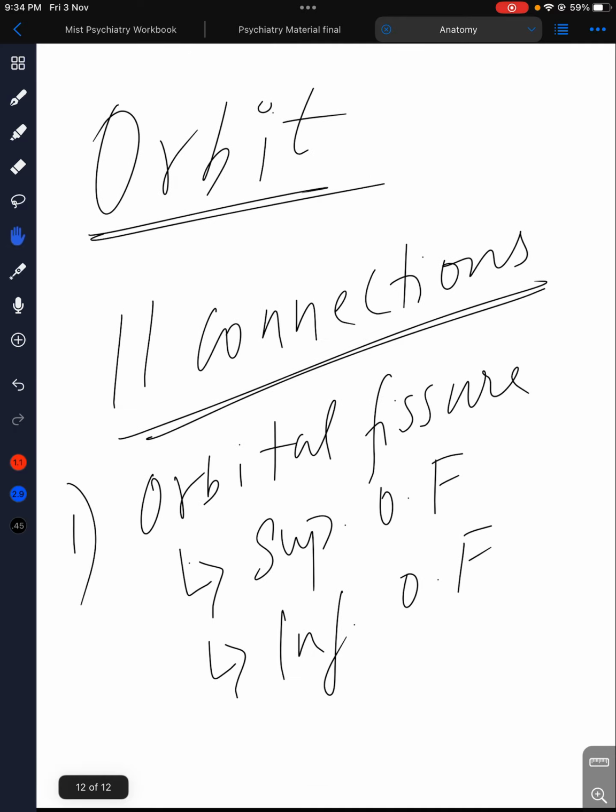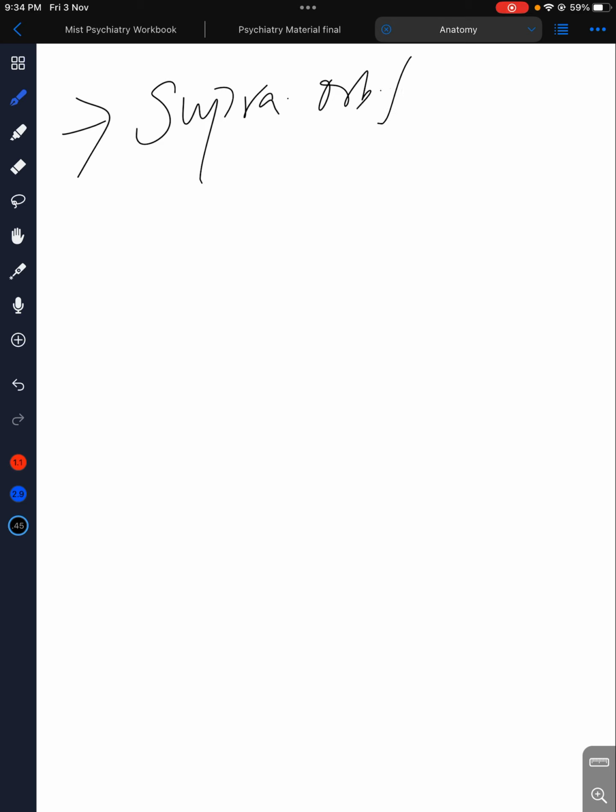And then after that, in the frontal bone when we were studying, we had another foramen called the supraorbital foramen and the infraorbital foramen in our maxilla bone.